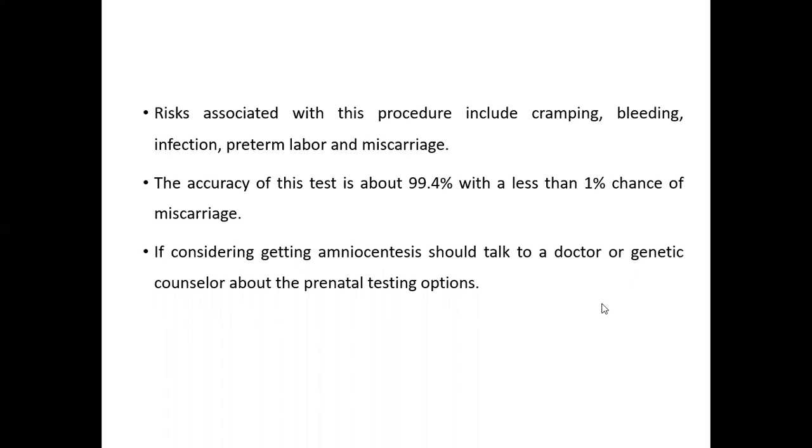If considering getting amniocentesis, one should talk to a doctor so that the conditions can be studied well.